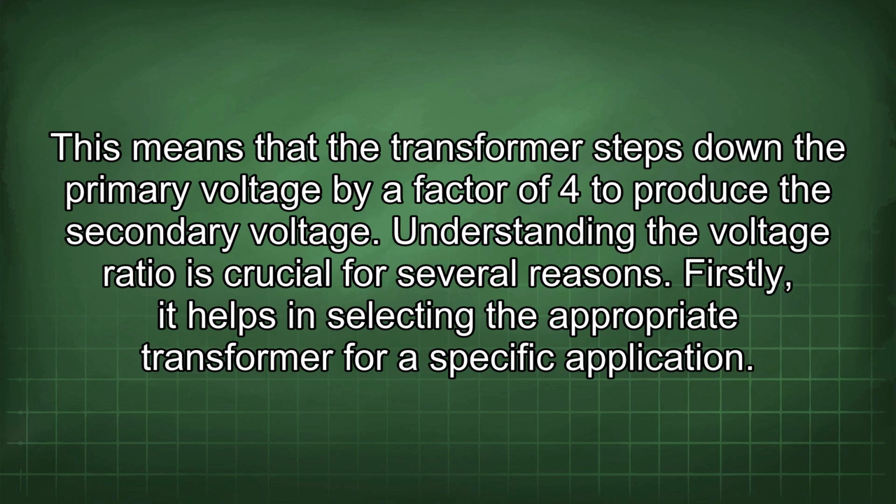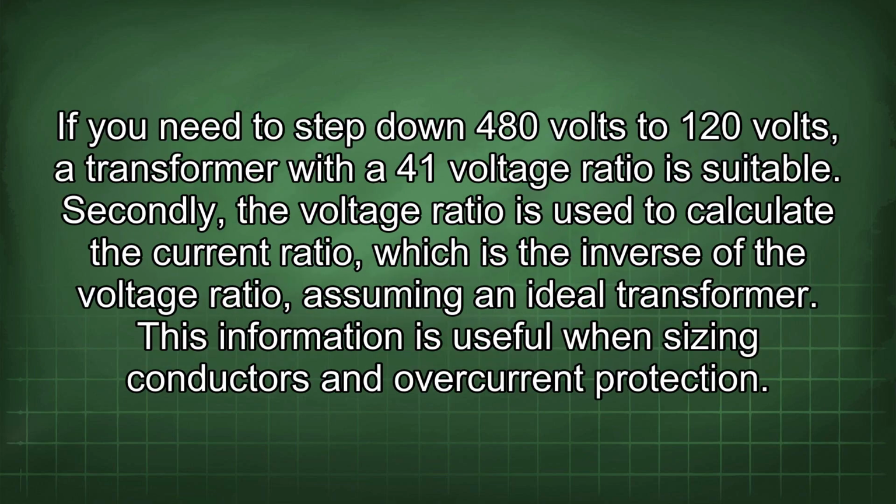Understanding the voltage ratio is crucial for several reasons. Firstly, it helps in selecting the appropriate transformer for a specific application. If you need to step down 480 volts to 120 volts, a transformer with a 4:1 voltage ratio is suitable. Secondly, the voltage ratio is used to calculate the current ratio, which is the inverse of the voltage ratio, assuming an ideal transformer.